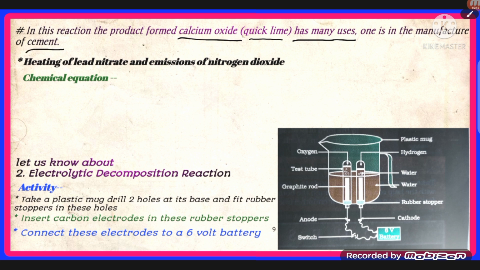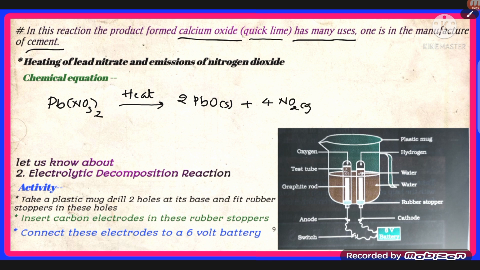Second example: heating of lead nitrate and emission of nitrogen dioxide. Chemical equation of this reaction: lead nitrate, Pb(NO3)2, when heated, it decomposes to lead oxide, nitrogen dioxide and oxygen.